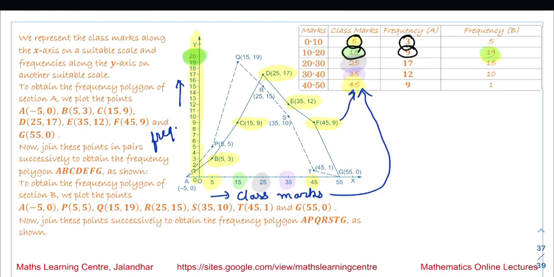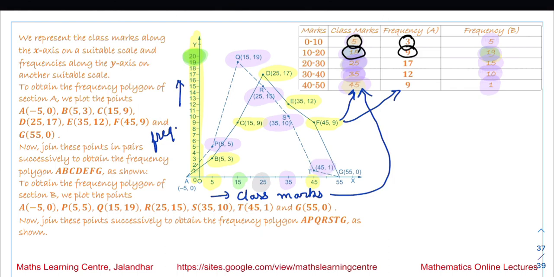Now next we have plotted the frequencies corresponding to B. For B, the first class mark is 5, frequency is 5, so we have plotted the point 5, 5. Next it is 15, 19. Next it is 25, 15. Next it is 35, 10. And last it is 45, 1. These are the points we have plotted.